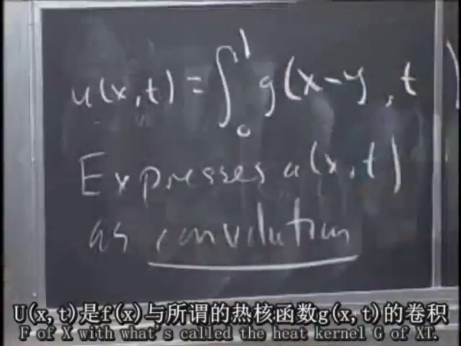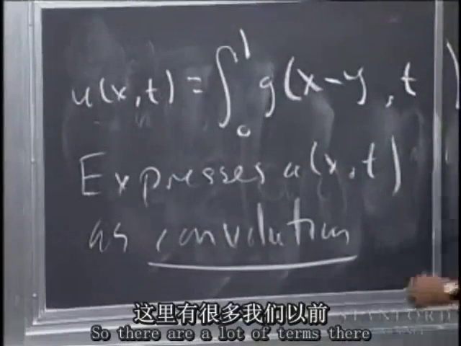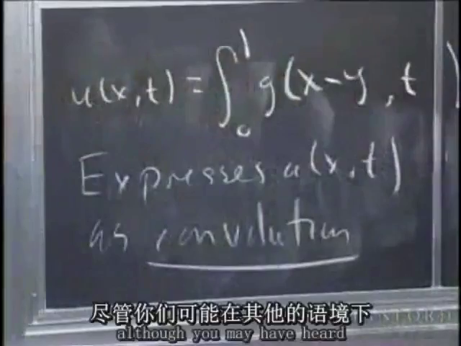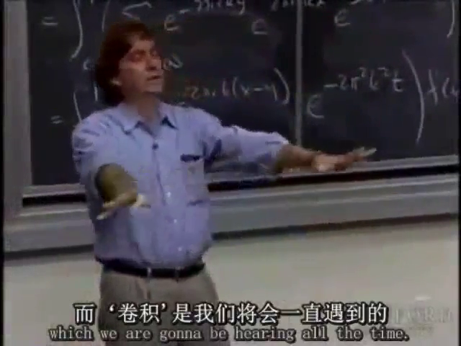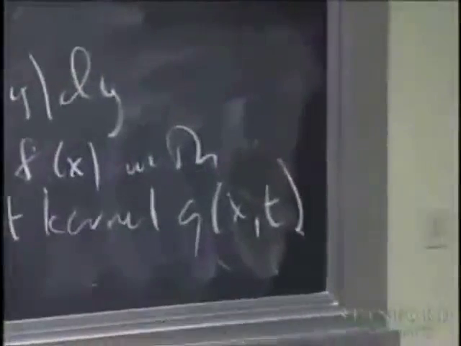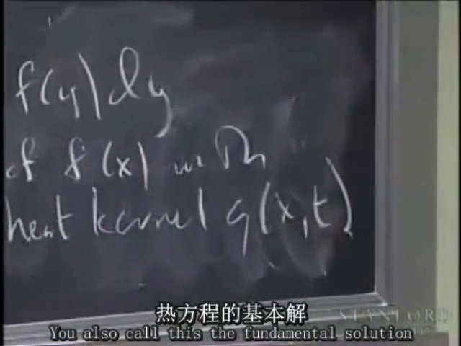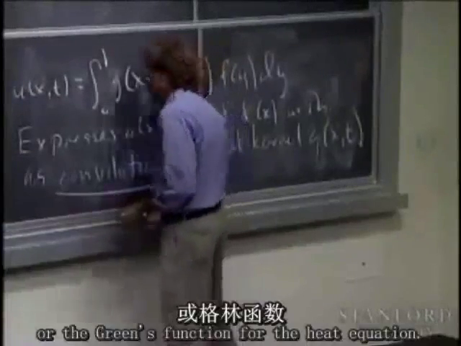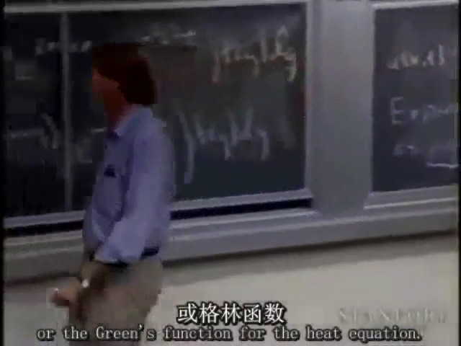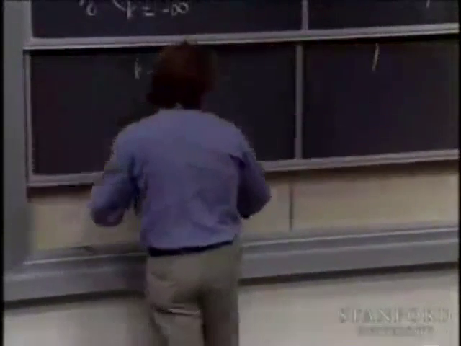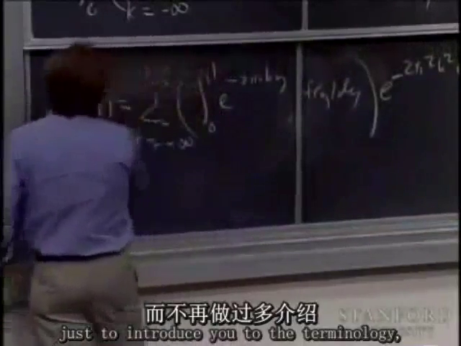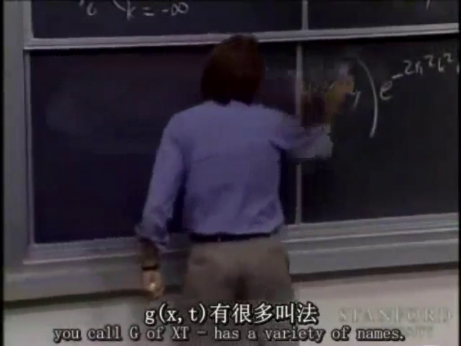g of x,t. So there's a lot of terms there that we haven't heard before, although you may have heard in different contexts the term convolution, which we're going to be hearing all the time. And in this special case, you also call this the heat kernel. You also call this the fundamental solution, or the Green's function for the heat equation. So just to introduce you to the terminology, g of x,t has a variety of names.